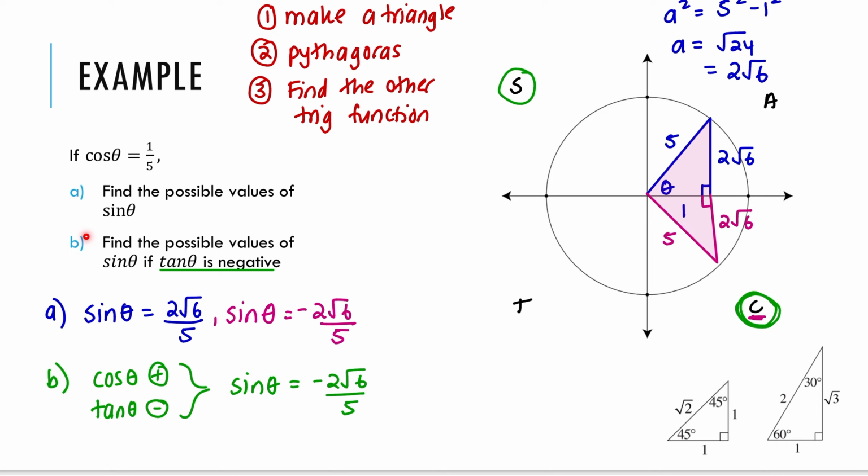Now here, if I get to something like B, where I have to consider a second set of criteria, then I need to find a quadrant that satisfies cos being positive and tan being negative. And the only quadrant that does that is quadrant 4. So if I focus on that quadrant and I need to find a solution for sine theta, then sine theta has to be negative in that quadrant.